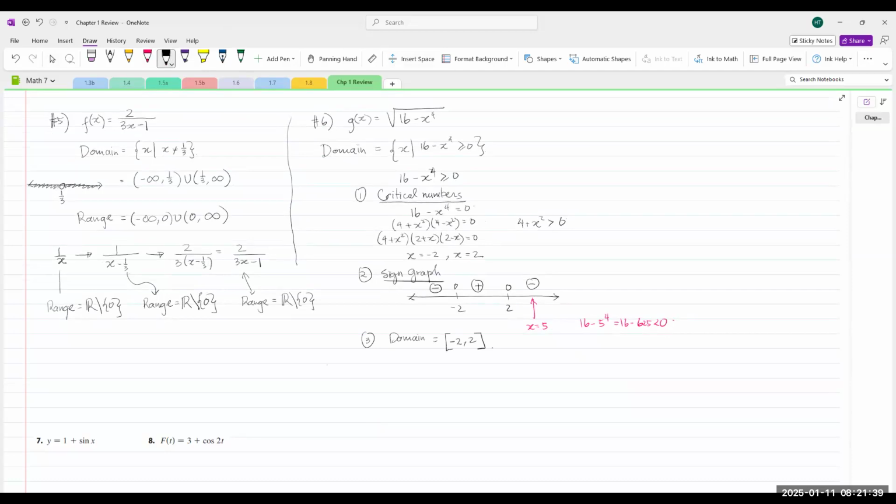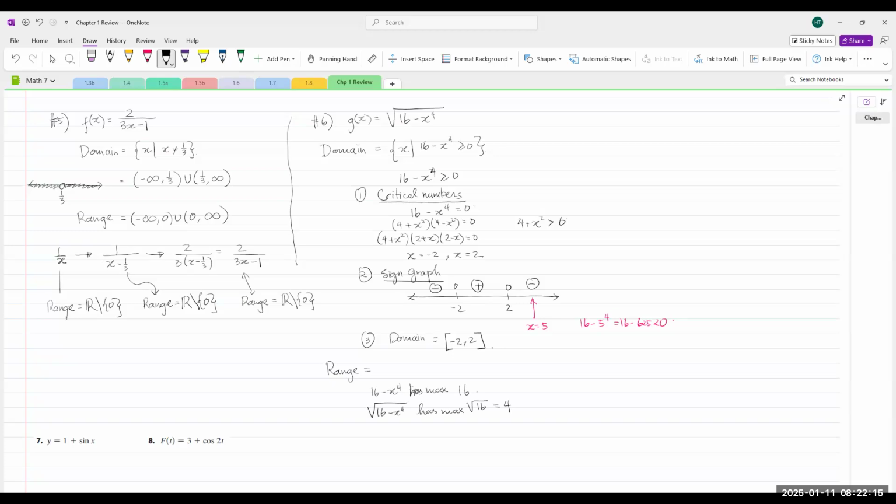As for the range, notice that 16 minus x to the 4th has maximum 16. So the square root of 16 minus x to the 4th has maximum the square root of 16, which is 4.